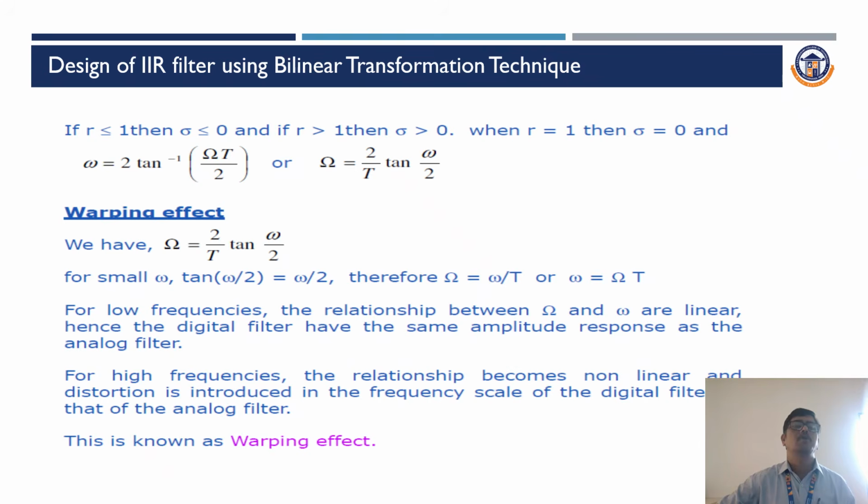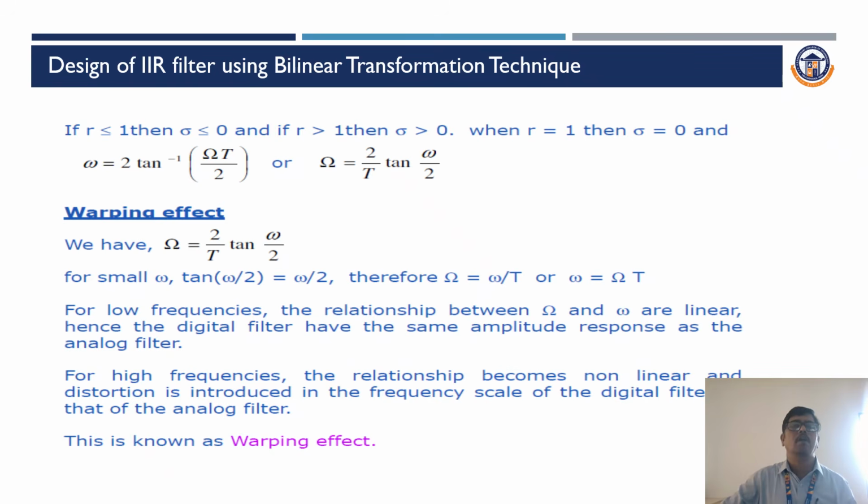Now we have the relationship between analog and digital frequency. Cross multiplying and taking the inverse, omega equals 2 tan inverse of (Omega T divided by 2). In the bilinear transformation, you also get an effect called the warping effect.